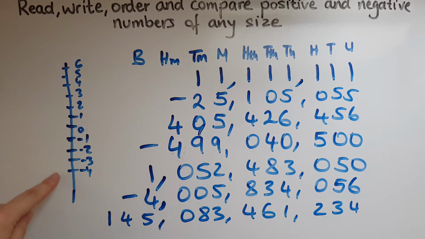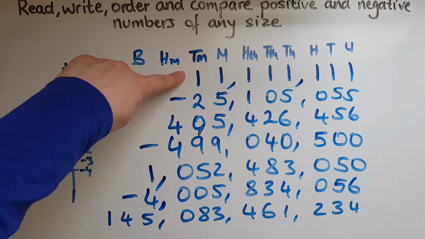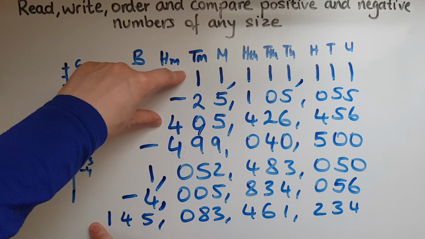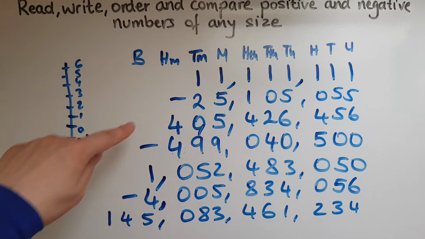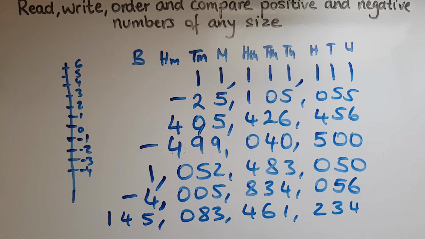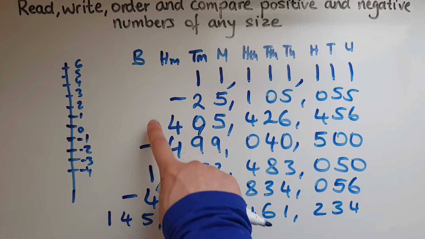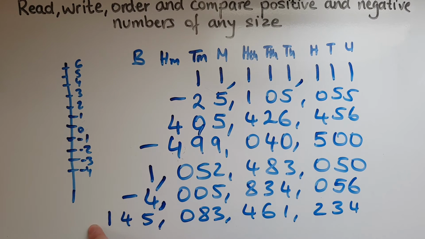And as we looked at this one, we said that positive numbers are always bigger. So I know that this, and this number will be bigger than the ones with the negative signs in front. So it's a case to find the biggest number of them all. It's a case of comparing these 4 positive numbers first.